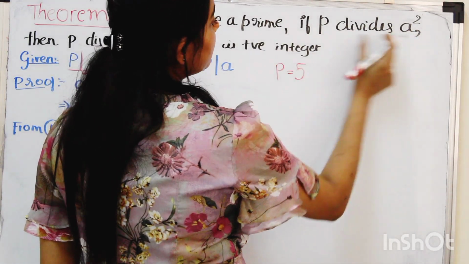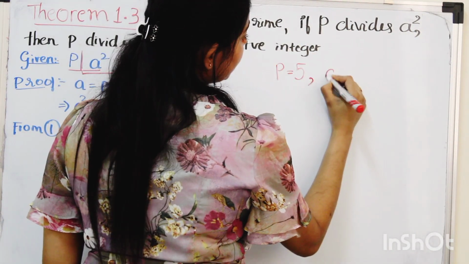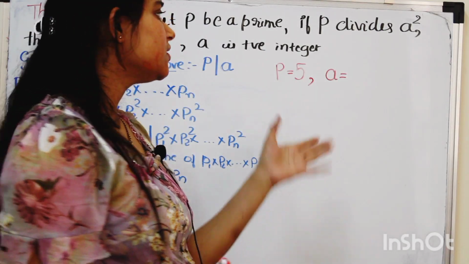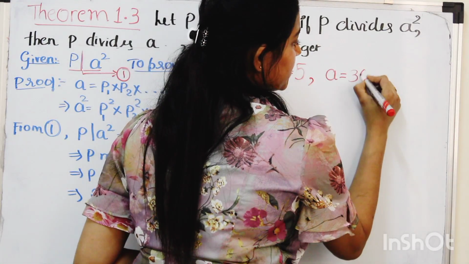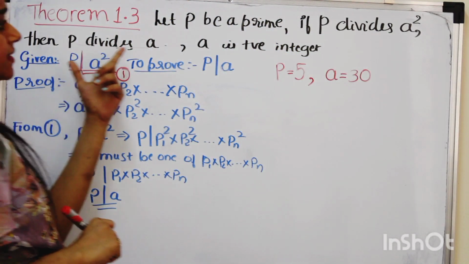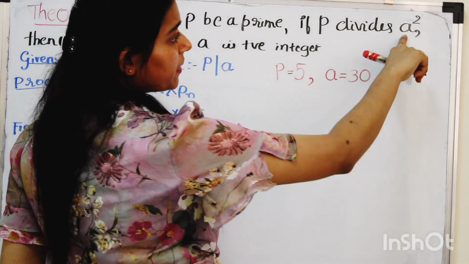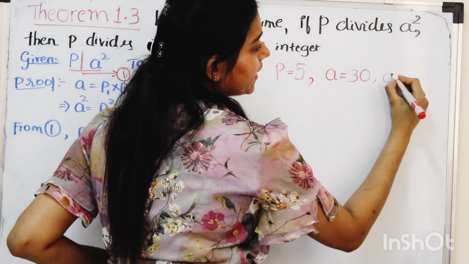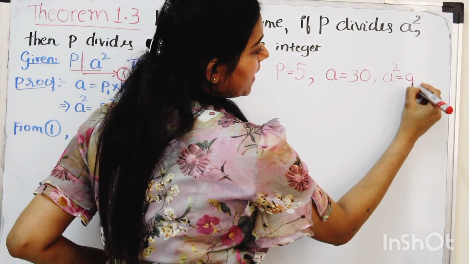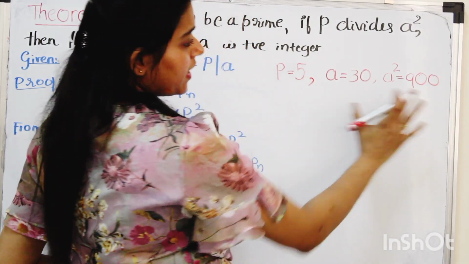And A is a positive integer, so it may be any composite or prime number. Let us take 30, which is a composite number and a positive integer, right? Next it is given P divides A square, so we take A square equal to 30 into 30, that is 900. So this much we have.